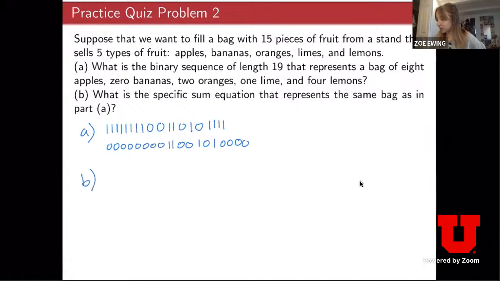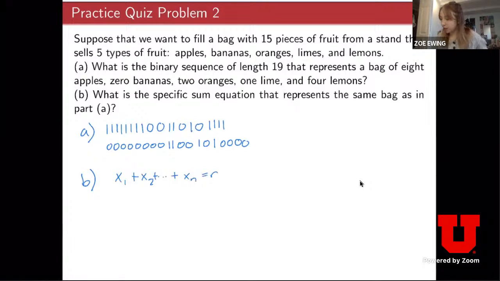What is the specific sum equation that represents the same bag as in part A? Usually for our sum equation, we have x1 plus x2 all the way up to xn equals r.